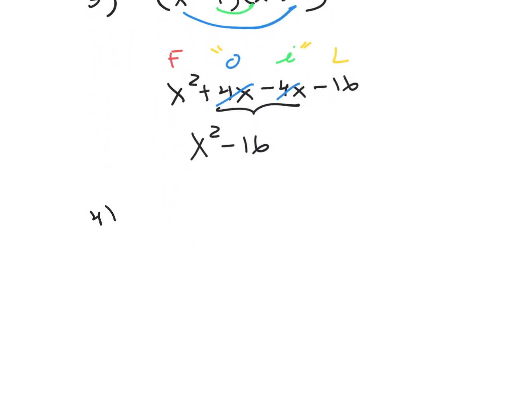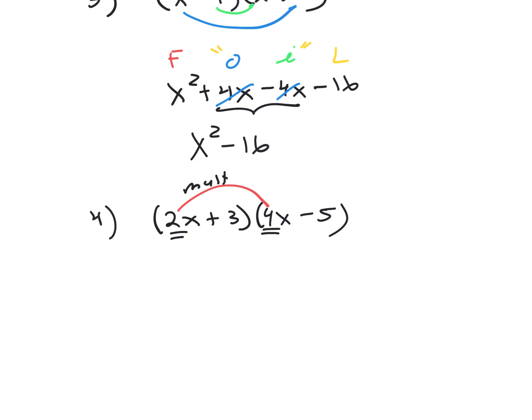Let's try number 4. What if we have 2x plus 3 and a 4x minus 5? This is a little bit harder one, but not really. You're just multiplying the first ones together. So what is a 2x times a 4x? Remember, you are multiplying. So 2x times 4x is 8x squared.